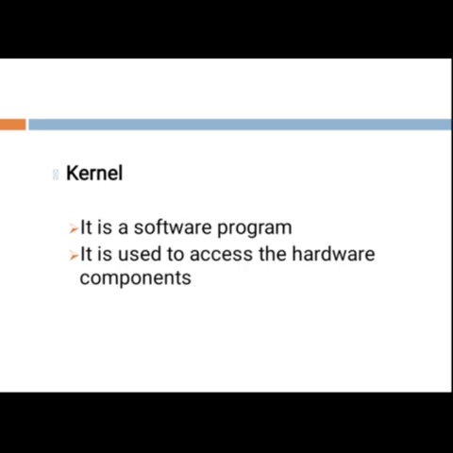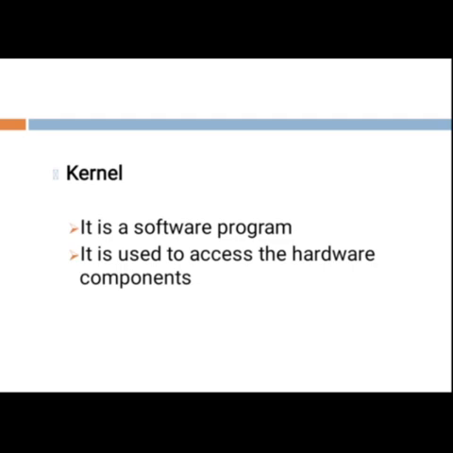For example, we can browse on the internet and find a file that needs to be downloaded and saved. To save that file, we need the kernel permission. After getting the permission, it can be saved on your hard disk.